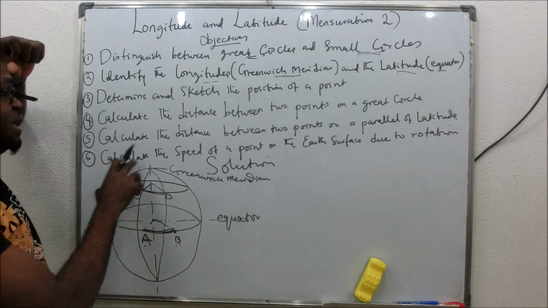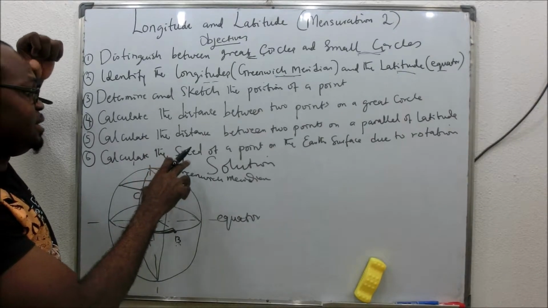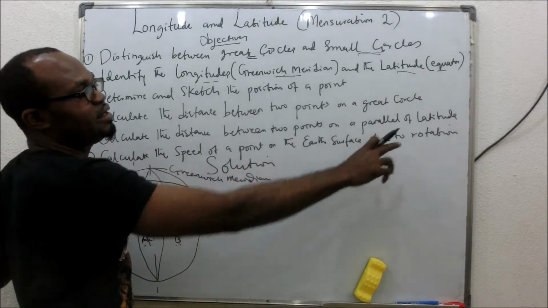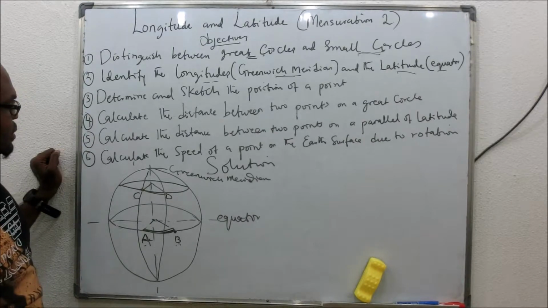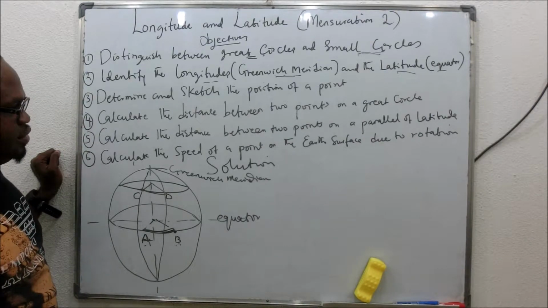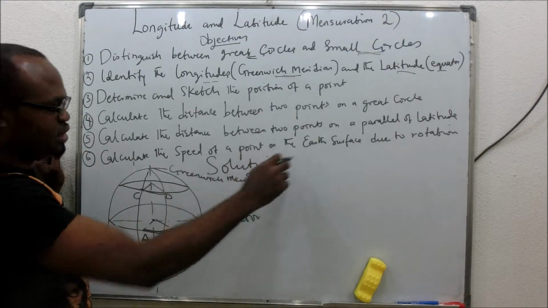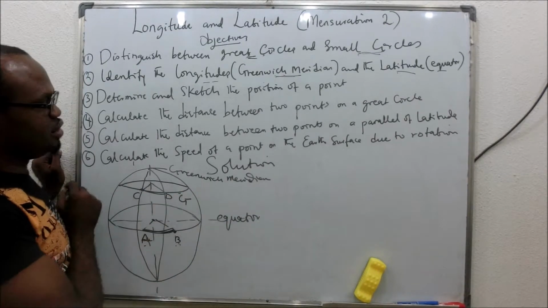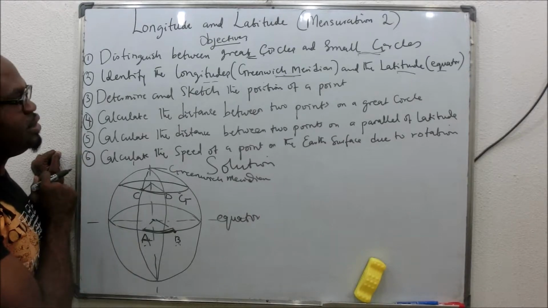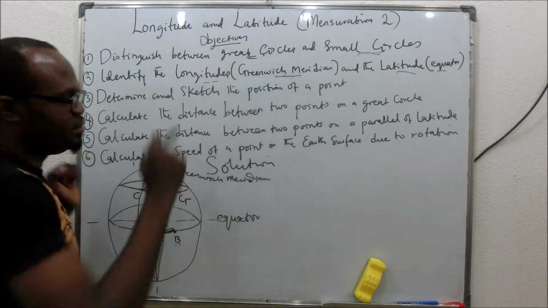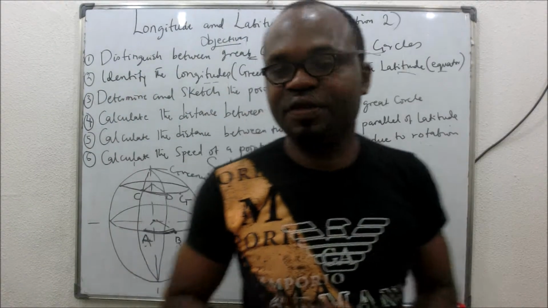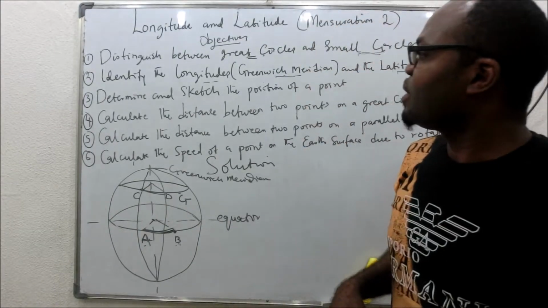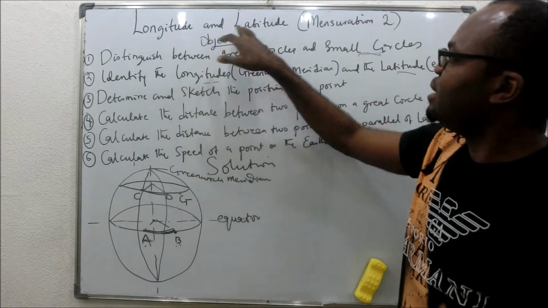Now we can also calculate the speed of a point on the Earth's surface due to rotation. We should also be able to do this calculation under longitude and latitude. So those are the objectives of this very lecture.